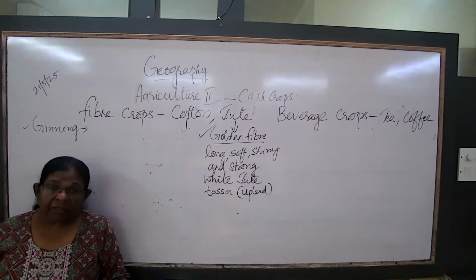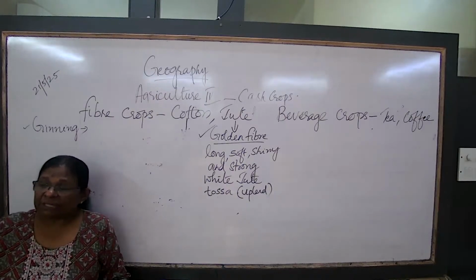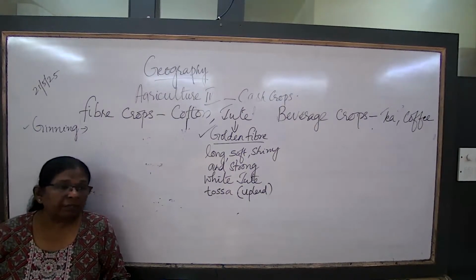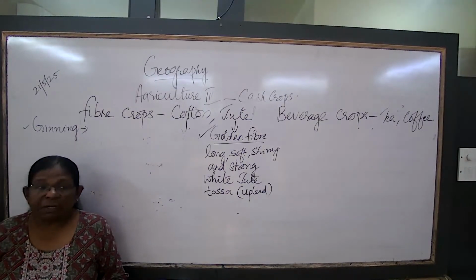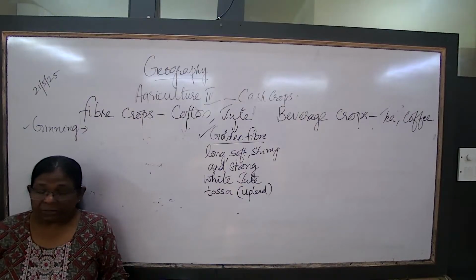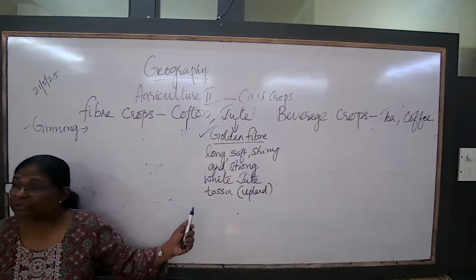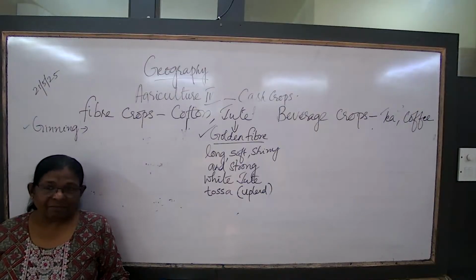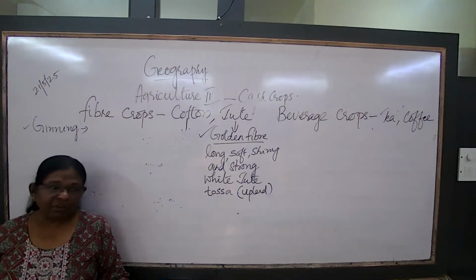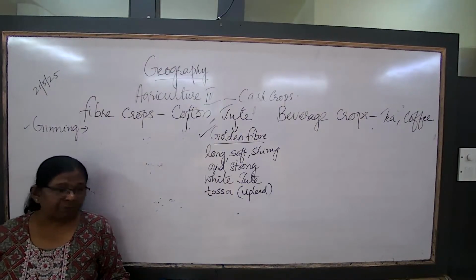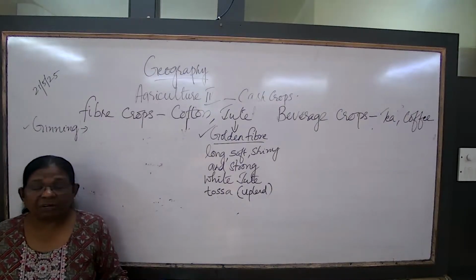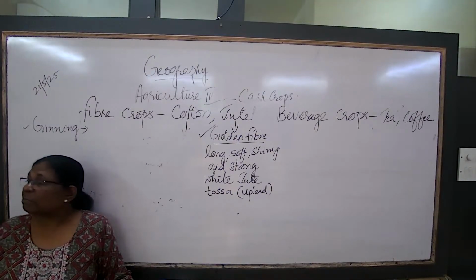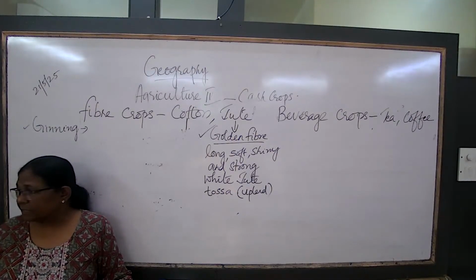According to that, all the packaging material should be made of jute. We know that jute is costly compared to plastic. Plastic would be available for 2 rupees or 5 rupees. But jute products or jute bags are very costly.